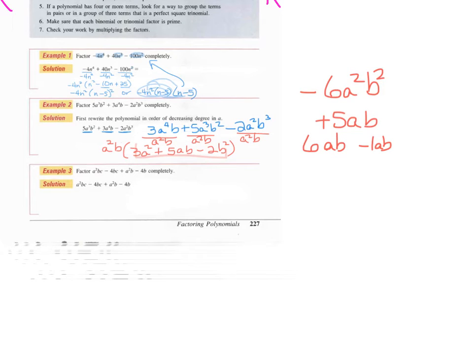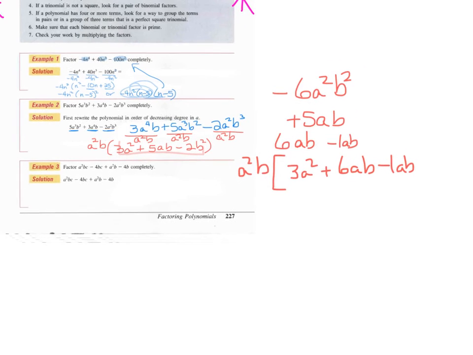Remember, when you factor by grouping, I'm going to rewrite the first term. So I'm going to have my GCF out here. I'll put like a bracket. So I'm going to rewrite the 3a squared, put in either the -1 or the 6. It doesn't matter which. We're still going to get the same answer.